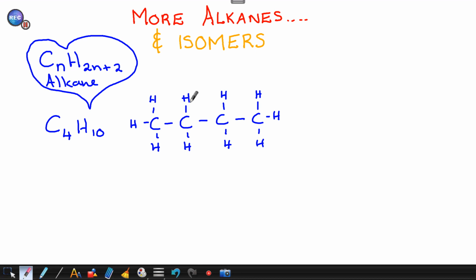So in reality, this molecule of butane will look like something like this. Can you see? I just need to get another one off here with my stupid hand.